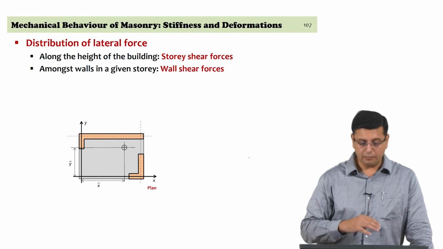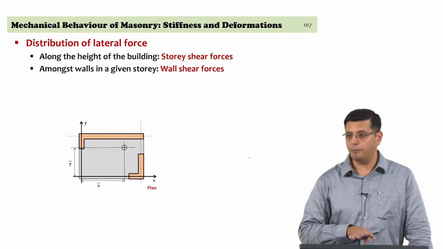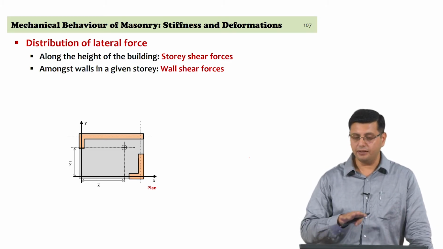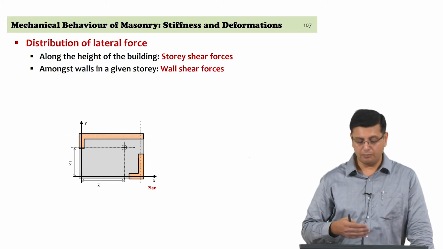So, this story shear, based on whether or not there is eccentricity in the plan between the center of mass and center of stiffness, will then have to be distributed between the walls.